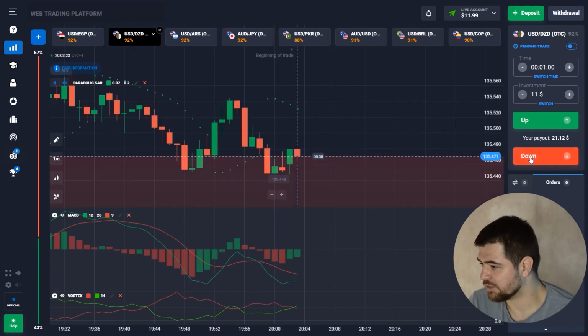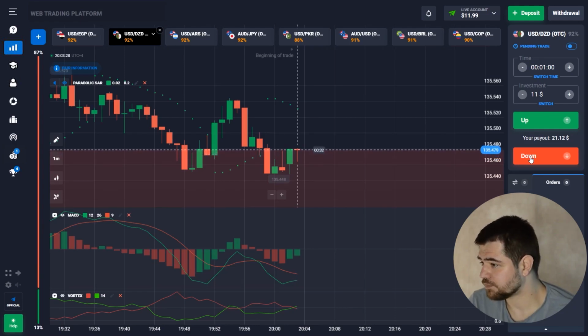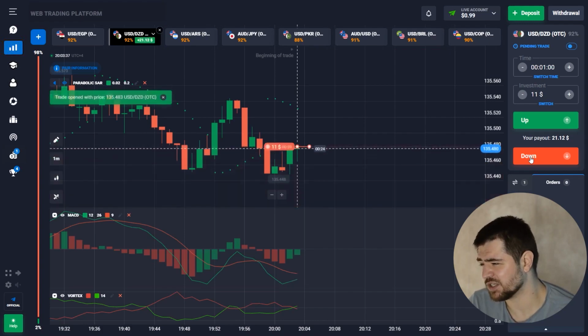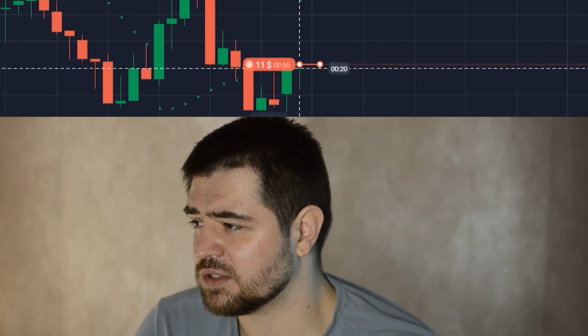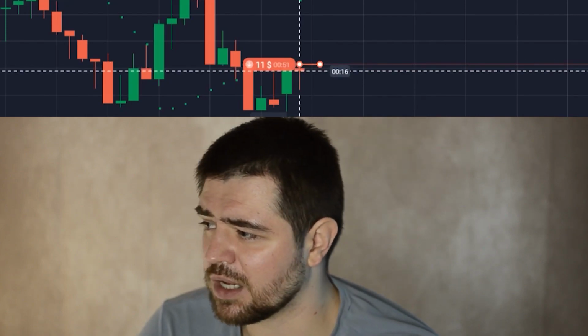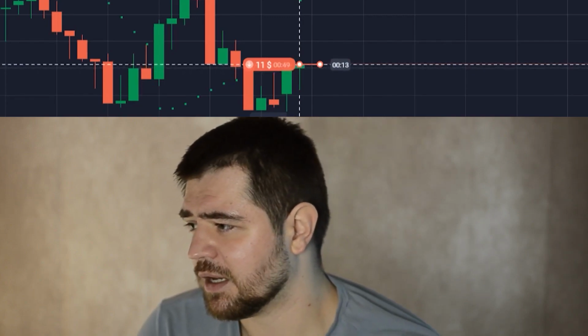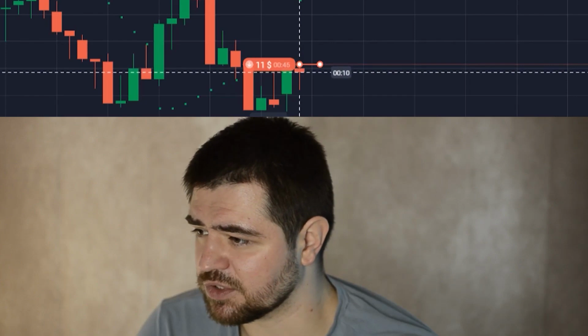So see here, for example, let's make the next option. We're going to go ahead and make a put option in this case. Just analyzing some of the indications here, we make a decision. To make that decision, you need to understand how the oscillators work, how the indicators work, and how patterns and levels work as well.